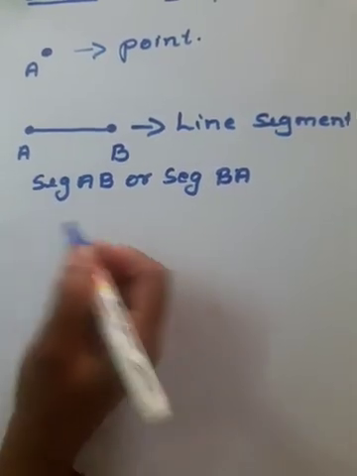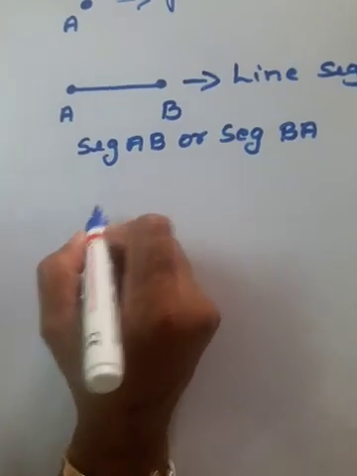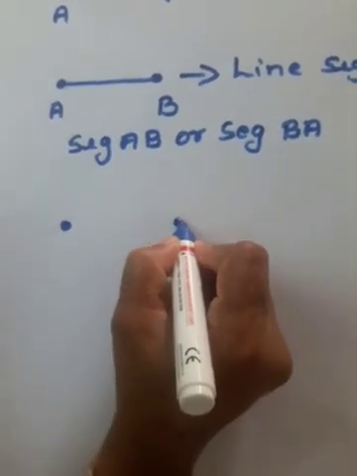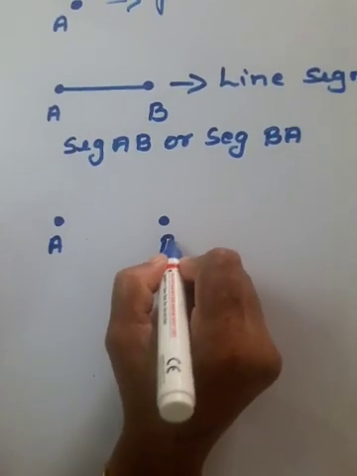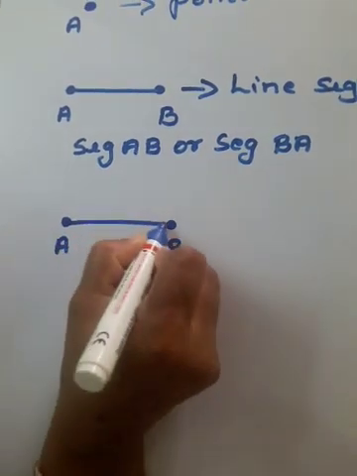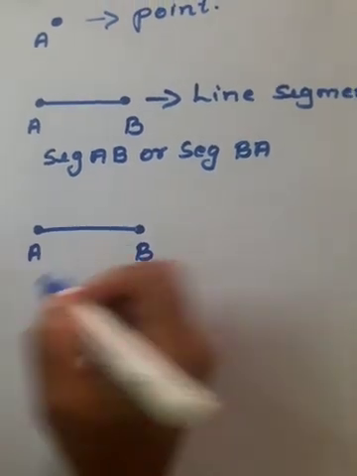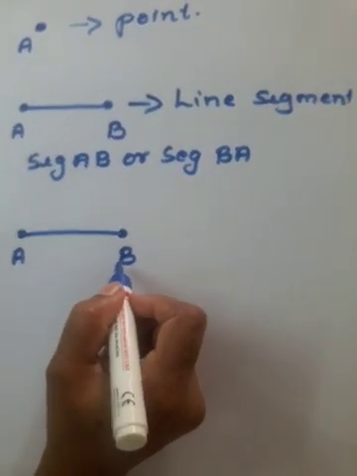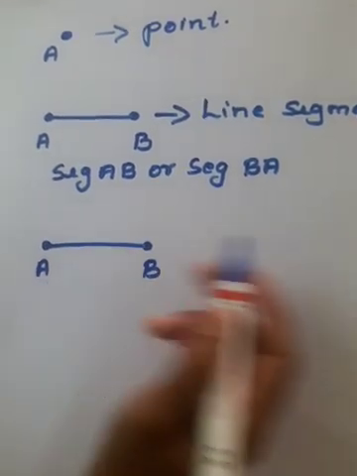Now let's see what is a line. Take 2 points. This is point A and this is point B. When we join the 2 points, we get a line segment. Now what happens when we extend the line segment infinitely on both the sides?